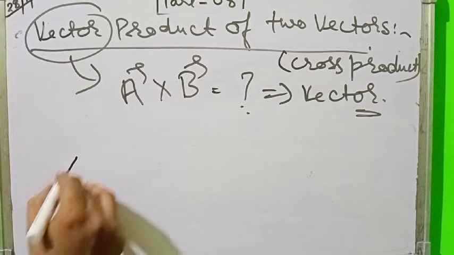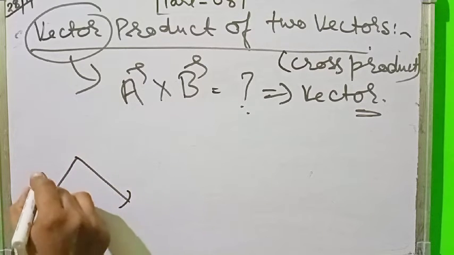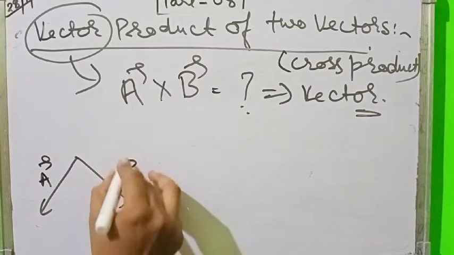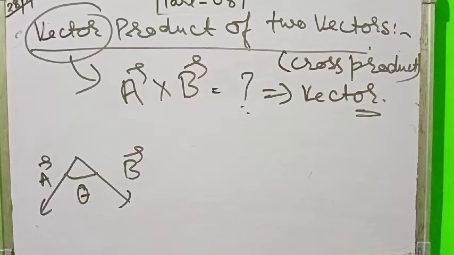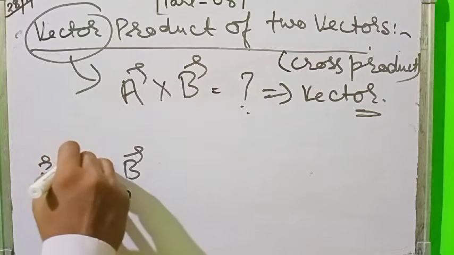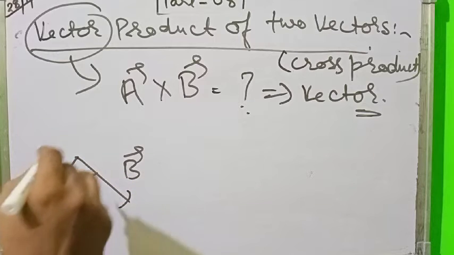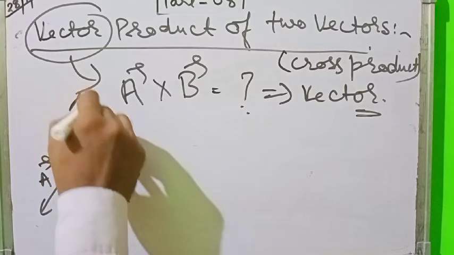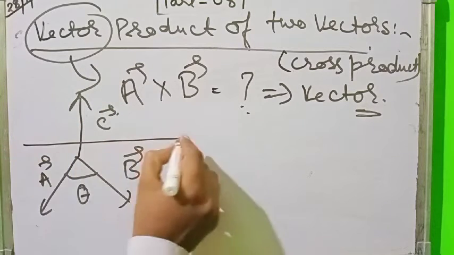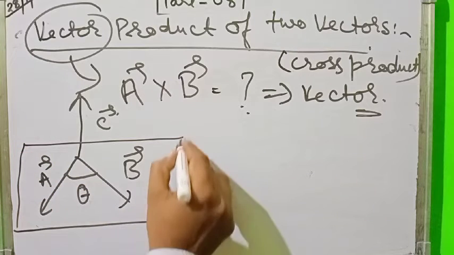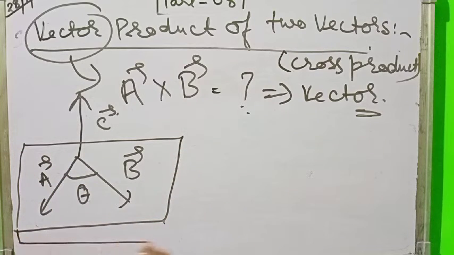Suppose this is vector A, this is vector B, and the angle between these two vectors is theta. Then the product of these two vectors is given by vector C, which is normal to the plane containing these two vectors.